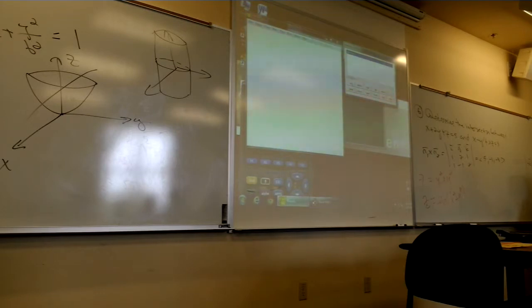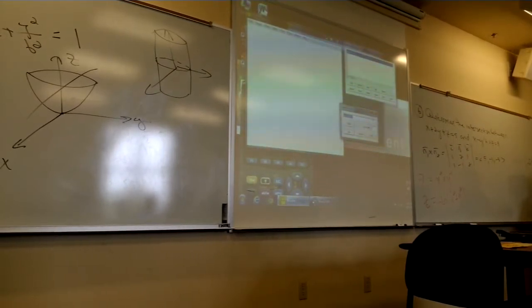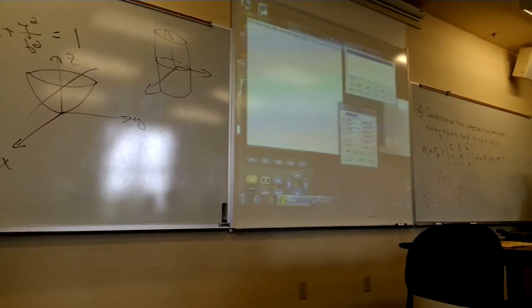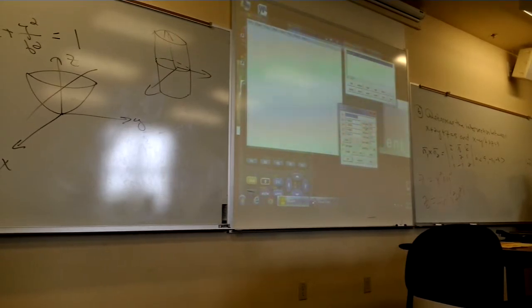Now it's hidden. What am I doing wrong? Well, it says x squared plus y squared, that's got to be incorrect. If you go to cylindrical, there's a specific cylindrical equation. Z equals.